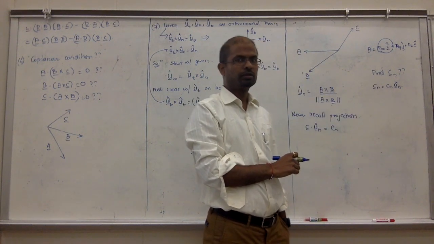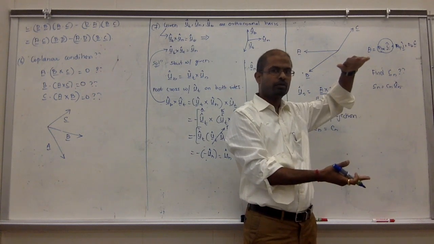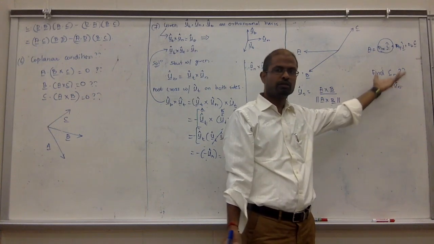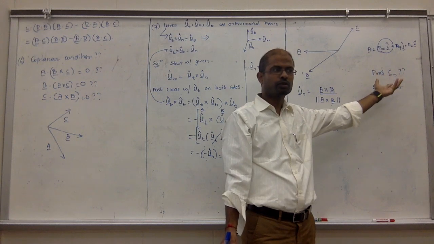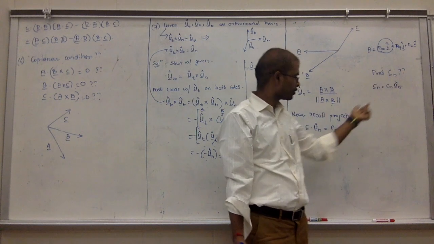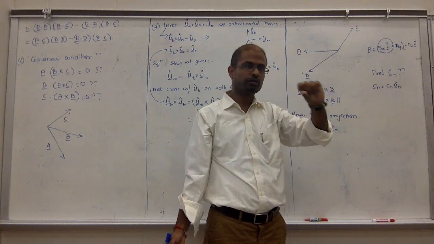So here vector C_N is simply the magnitude, the projection, multiplied by the vector U_N. If I ask you this question, it shouldn't perplex you. You already have U_N, so you multiply each component by this magnitude.